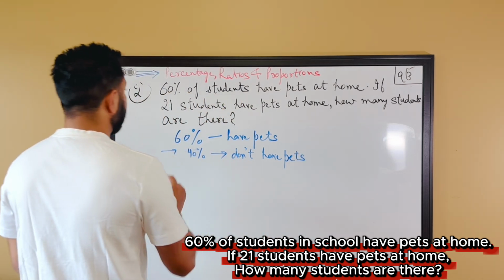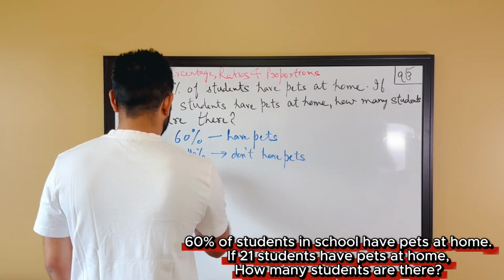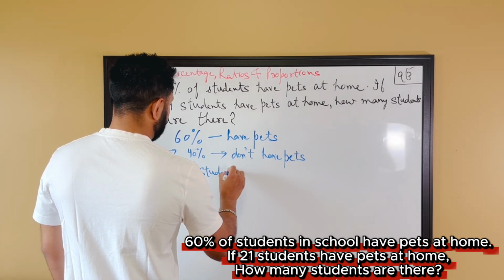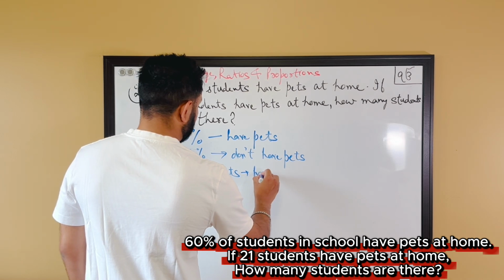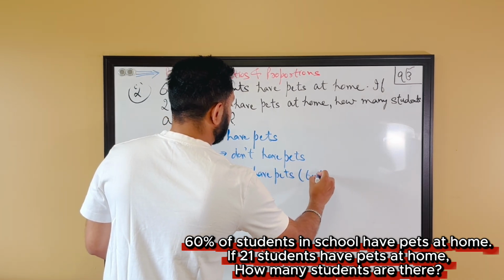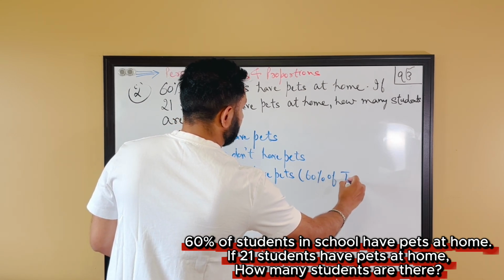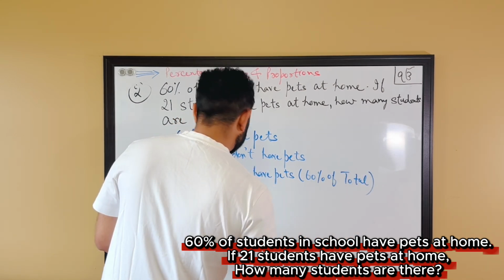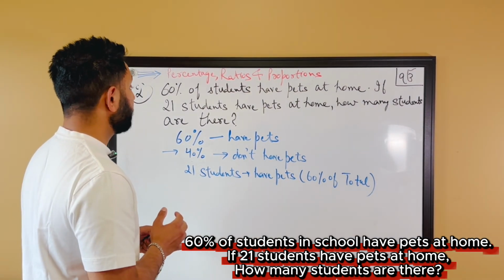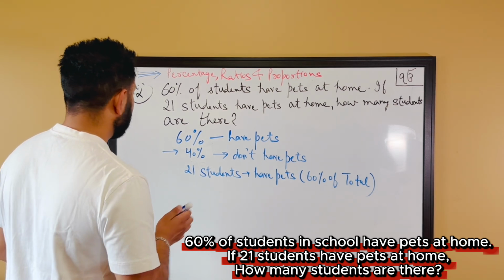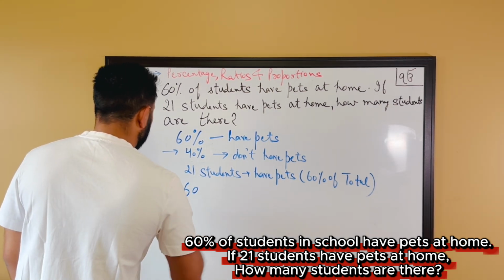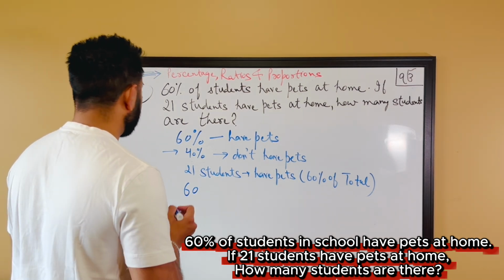And also we are given 21 students have pets at home, which is 60% of the total. So let's calculate the students who do not have pets at home. How are we gonna find out? We're gonna follow the unit approach, the unit method.